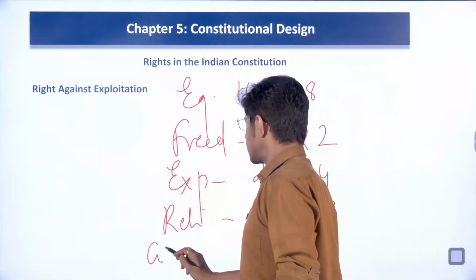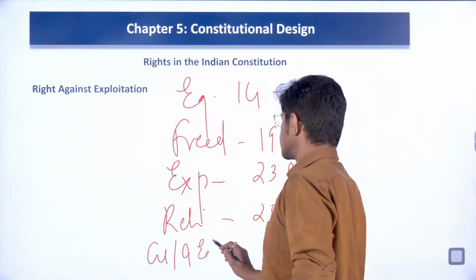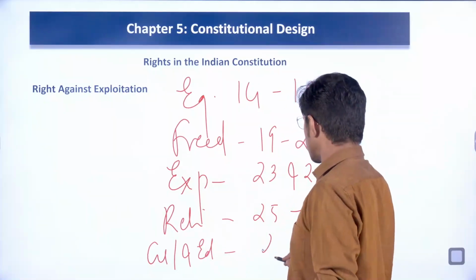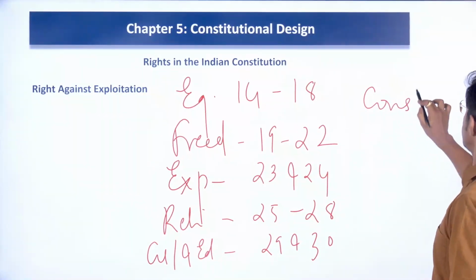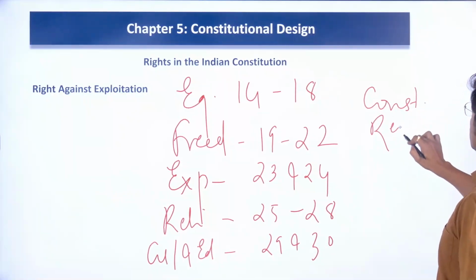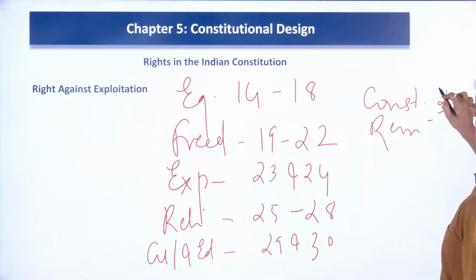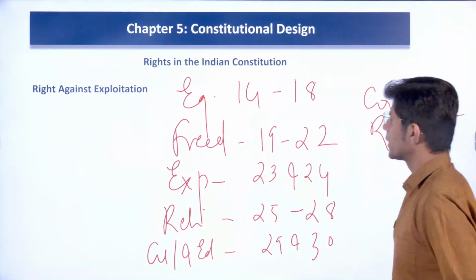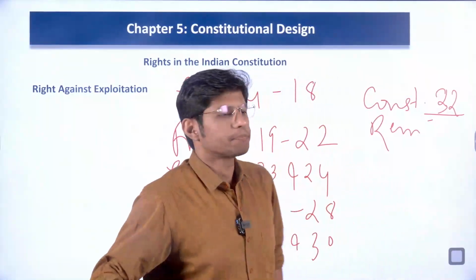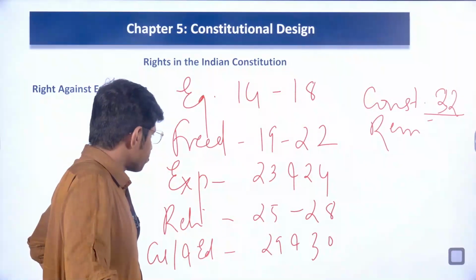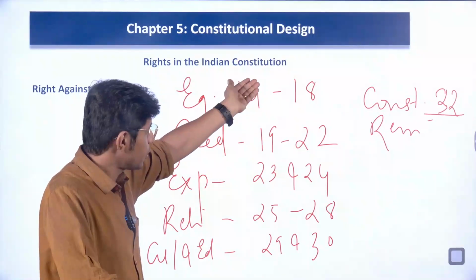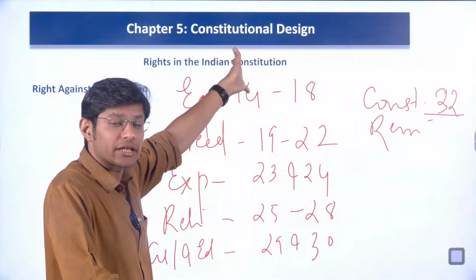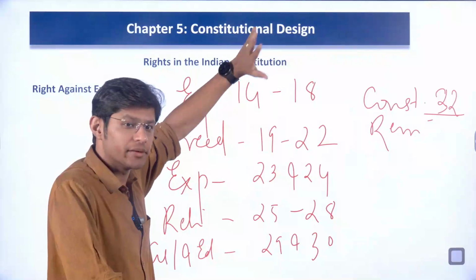Then cultural and educational rights for minorities are 29 and 30. And then constitutional remedies is Article 32. Right? We will study the articles in more detail when we start advanced Indian polity.